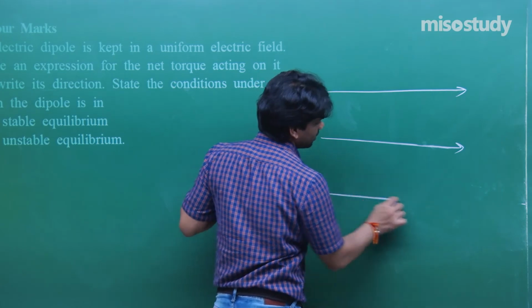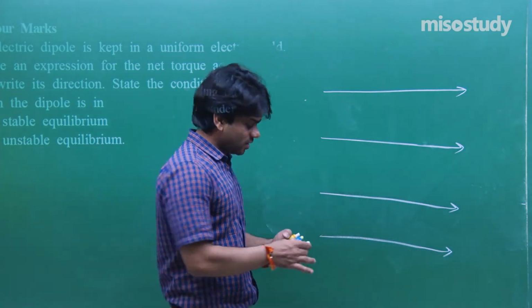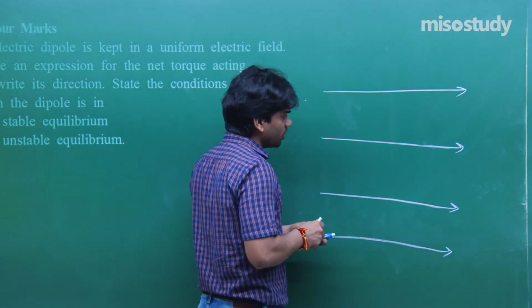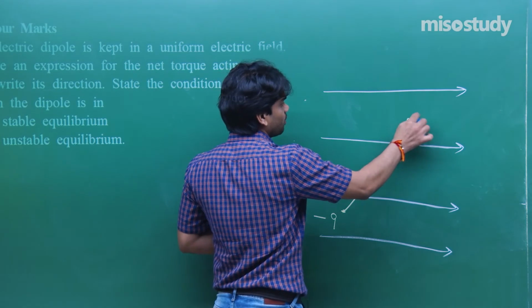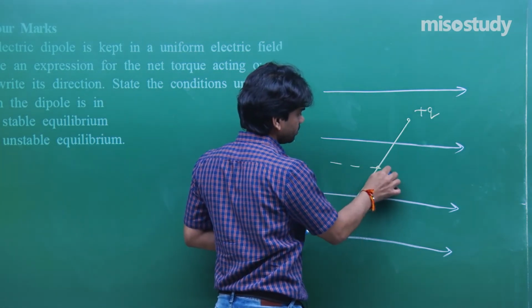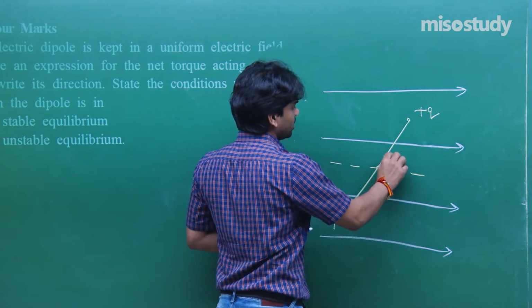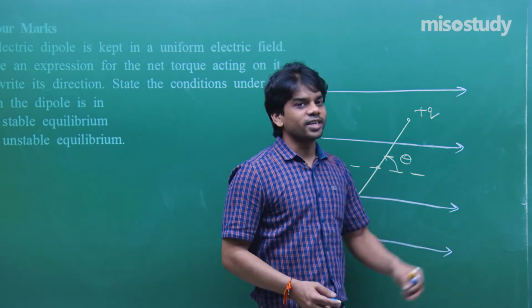Field. Place the dipole as you want. If I place the dipole as shown here, minus q charge, plus q charge. Let's say the dipole makes an angle theta with the direction of the electric field.